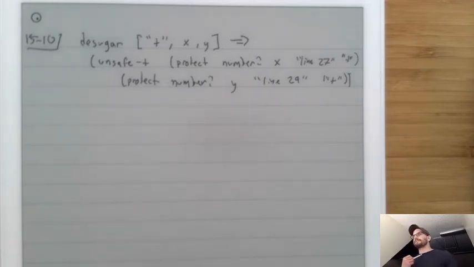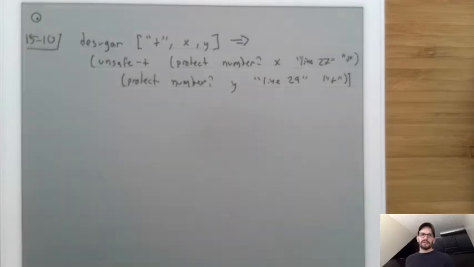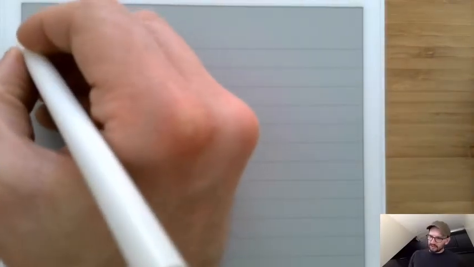Okay. Now, the thing that is really exciting about this is that it now becomes possible to talk about enforcing contracts that are more than just on basic values. Such contracts are called flat contracts.